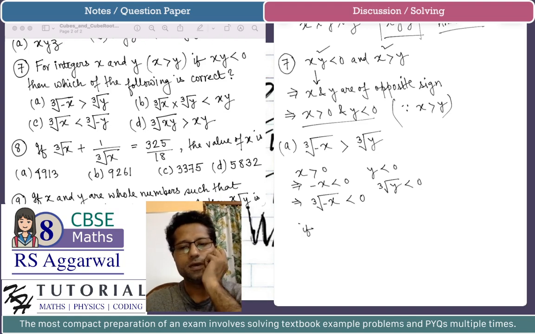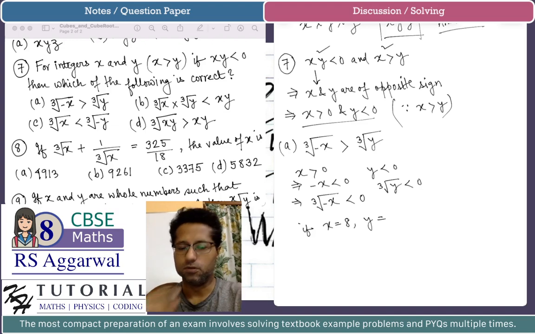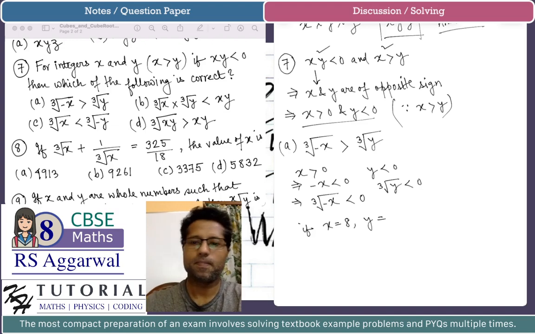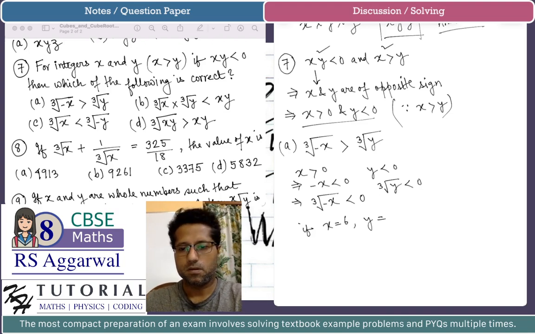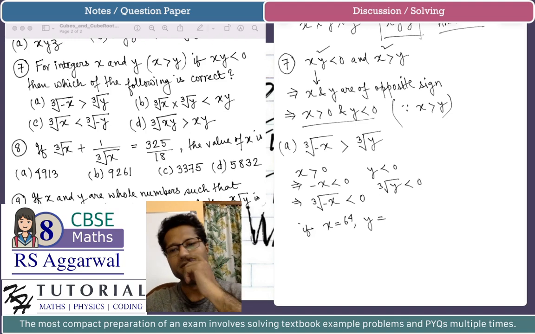if x is equal to let's say 64 and y is equal to, let's say, minus 8.